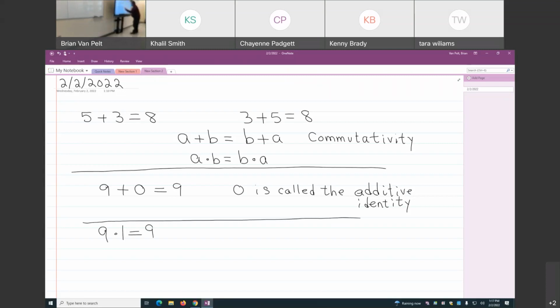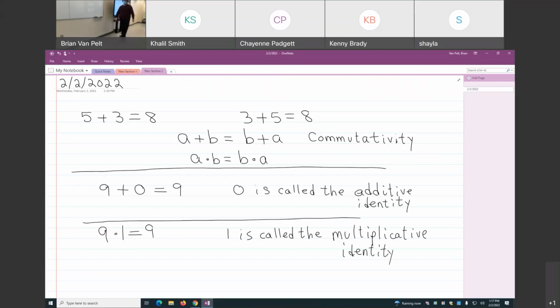So the number 1 is called the multiplicative identity. Any questions? There are probably no questions to say. These are just rules.